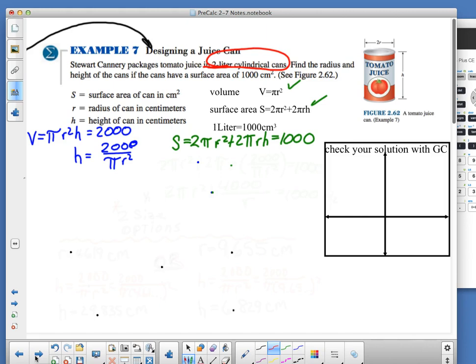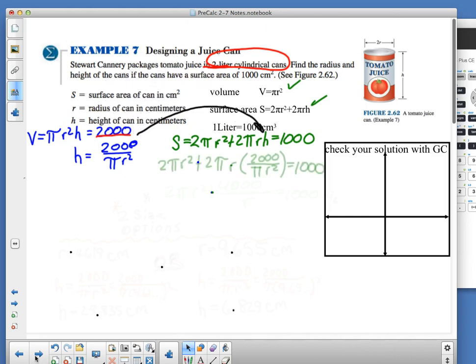I'm choosing to leave my units in centimeters, versus liters or meters, so know that my answer is going to be in centimeters, so I can easily talk about those measurements when I'm done. Now, as I put this back down, I'm putting that in with h, and I'm going to substitute as I go in.